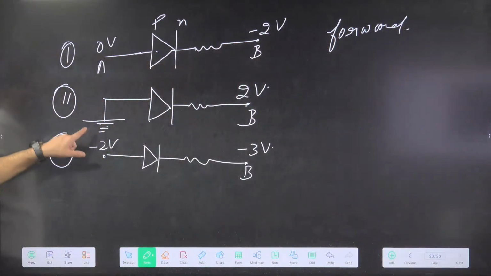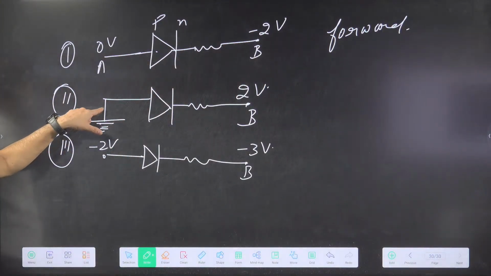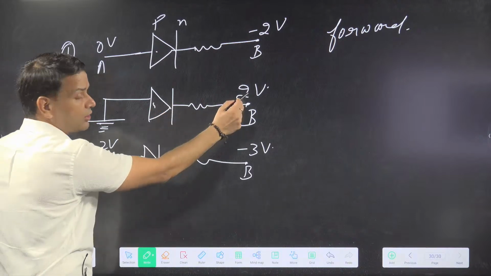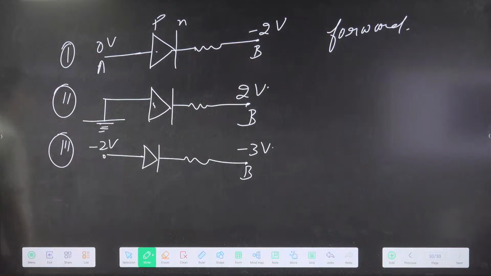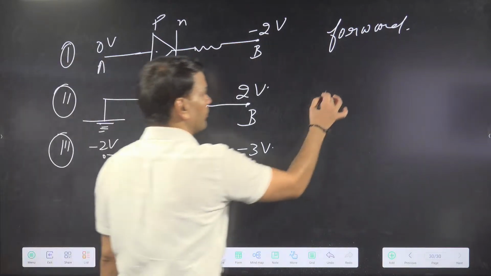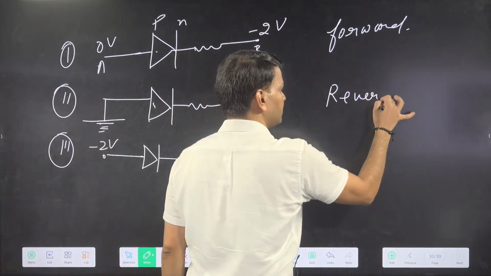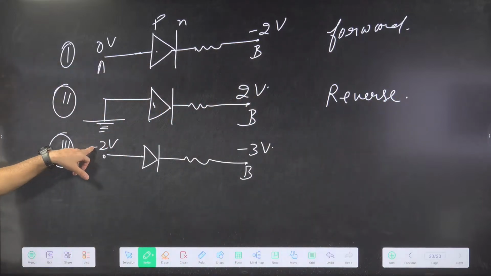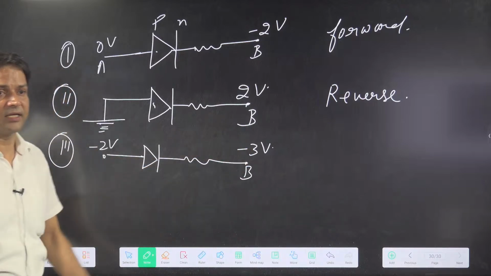Second one, it is grounded, meaning 0 potential. P is at 0 potential and N is at 2 volt. So N is at the higher potential than the P side. So it is reverse biasing. And here P is at -2 and N is at -3.